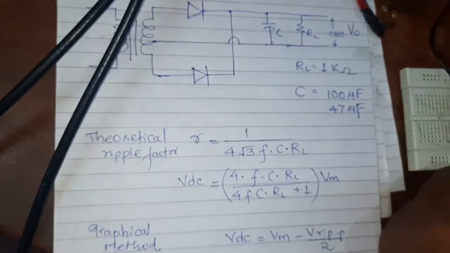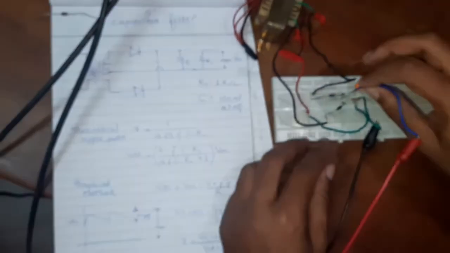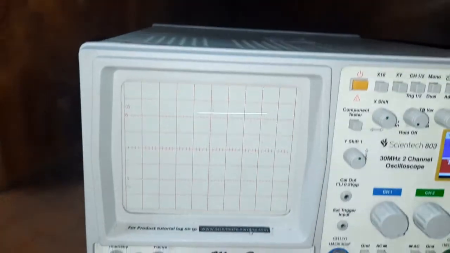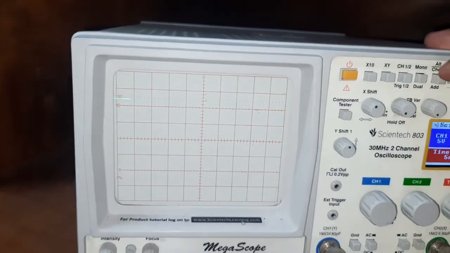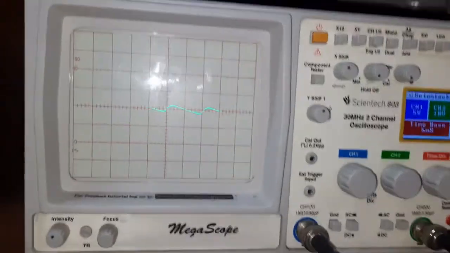I'll connect the CRO, I'll connect this to ground. And then we just see here. You can see you are getting a proper filtered output.